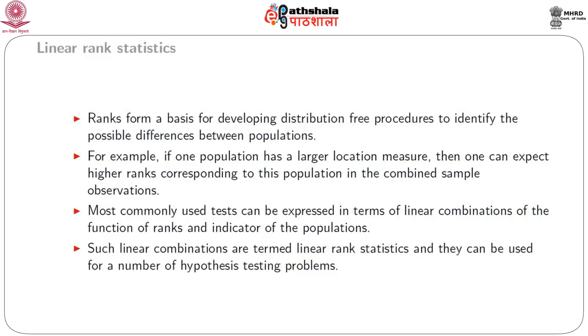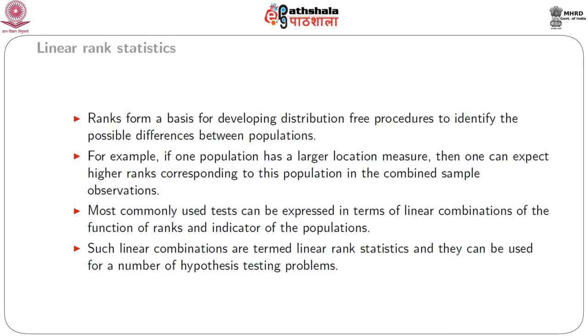Now we shall define a linear rank statistic. Since ranks form a basis for developing distribution free procedures to identify the possible differences between populations, we shall use ranks for our purpose. For example, if one population has a larger location measure, then one can expect higher ranks corresponding to this population in the combined sample observations.